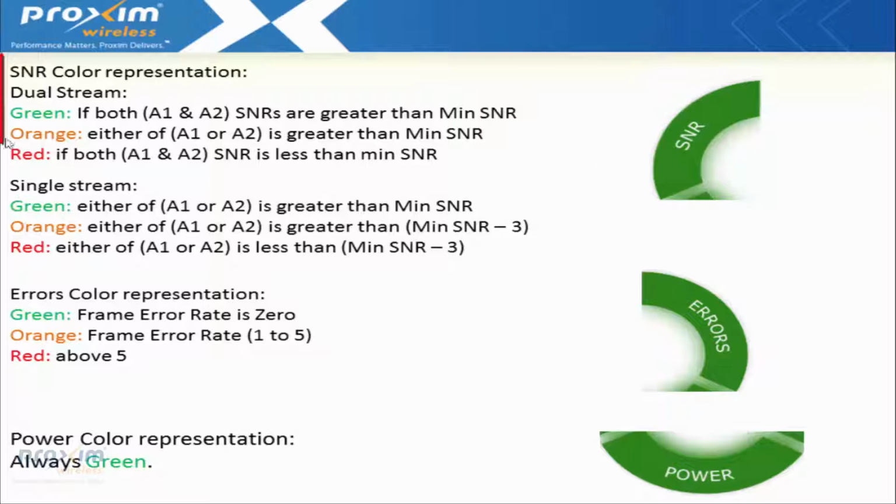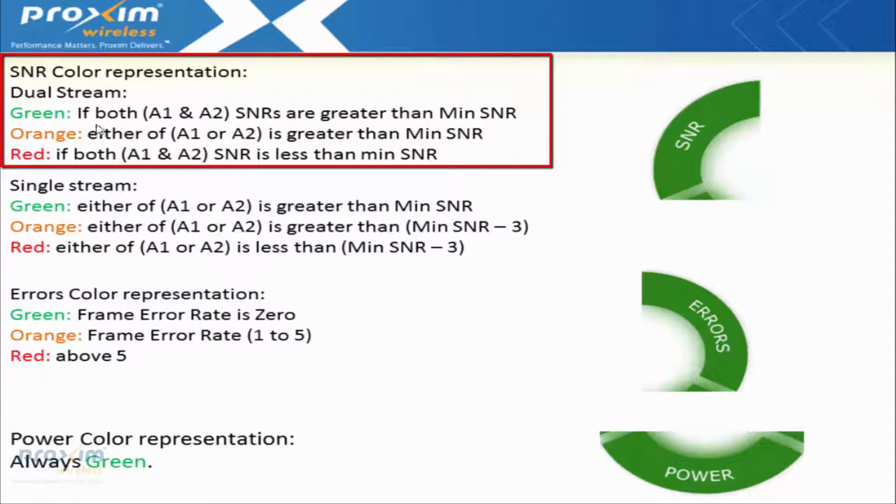All right. So for the SNR in dual stream, when it's green, both A1 and A2 SNR are greater than the minimum SNR. When it's orange, either A1 or A2 is greater than the minimum SNR. And red, both A1 and A2 SNR are less than the minimum SNR.